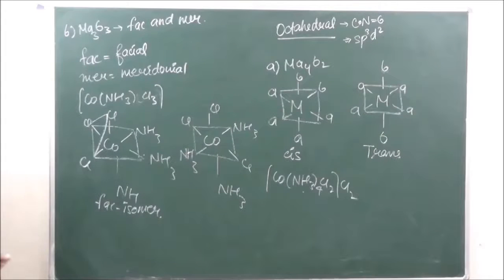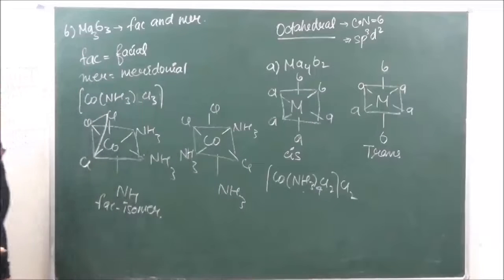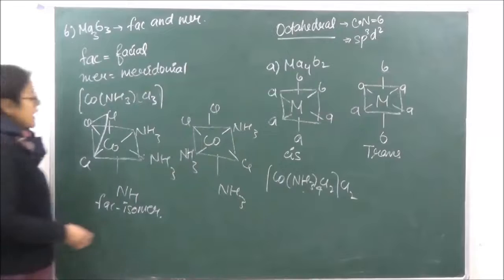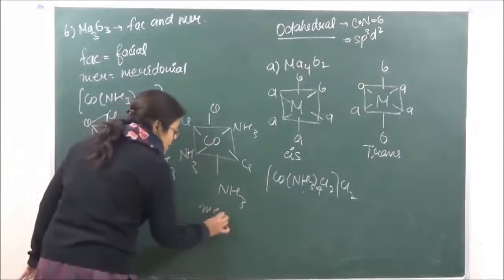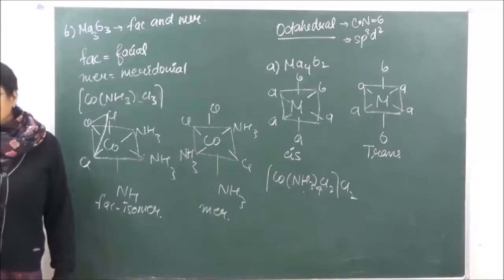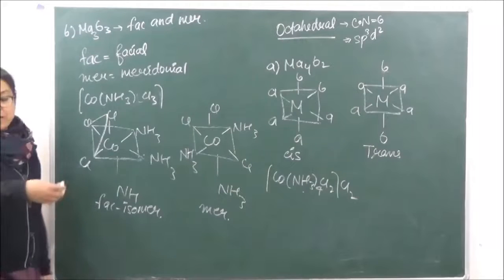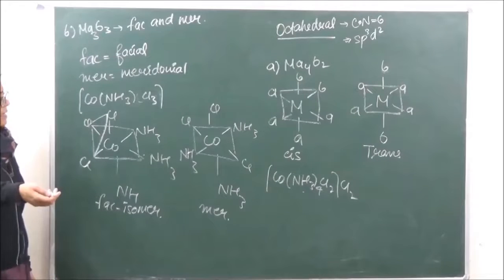It is on the opposite face. We have 2 chlorines on the same face, but we have the third chlorine in the opposite face. So this is known as the meridional position, and the isomer is going to be known as mer isomer. So these are not the cis and trans forms which we can see. We can say that these are the fac and mer positions. Is it clear? So this is facial and meridional isomerism.